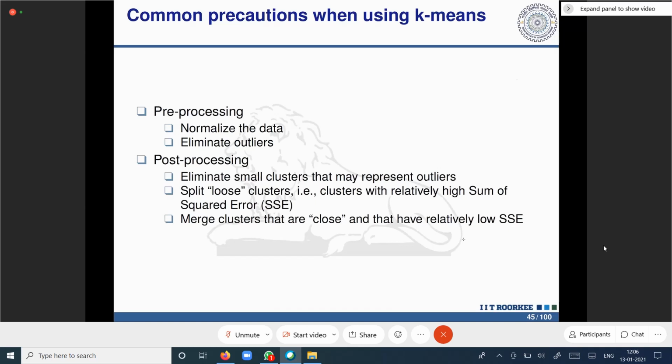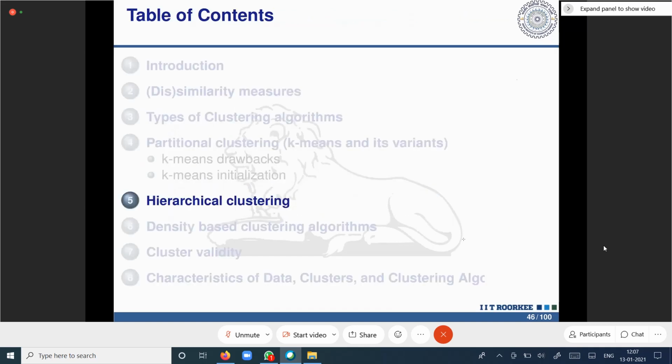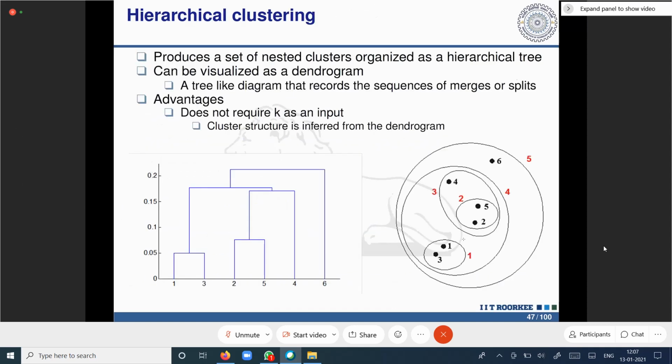So if there is some cluster which has very high SSE, that means either the points are very sparse or k-means had kind of joined two clusters together. And then merge clusters that are close and have relatively low SSE. So this is the post-processing needed to find the appropriate clusters.